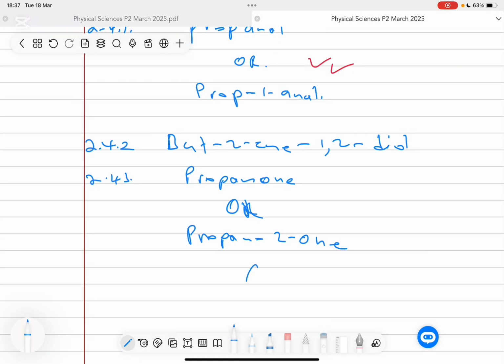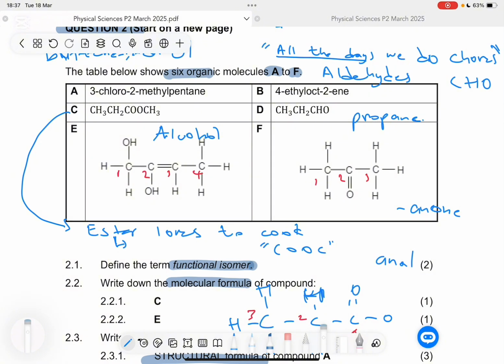There is another interesting way which I like to share with you that we can name this particular compound. One can look at this compound from an angle that it is actually a functional group of CO that is attached to an ethyl group. Do you see that this is, no, not ethyl, but methyl? Do you see that this is a methyl group? And also this side, we also have a methyl group.